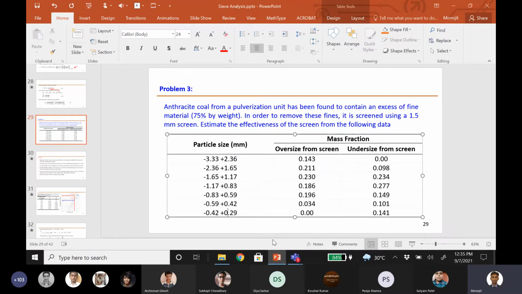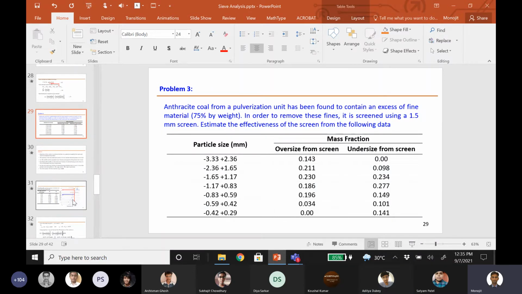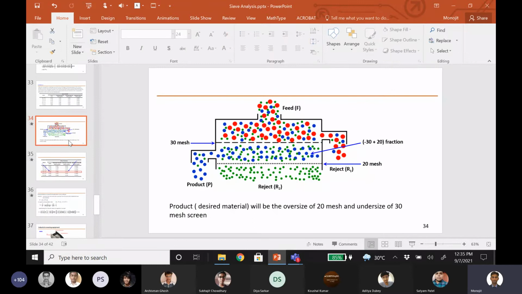Excuse me, sir. In this table it is written, in order to remove these fines it is screened using a 1.5 mm screen. But sir, ideally the diameter of the aperture would vary, no? Because there would be a number of screens. No, I think you are confusing sieving and screening. Industrial screens may be a single screen, maybe a double screen. The second problem that we discussed has only 2 screens.